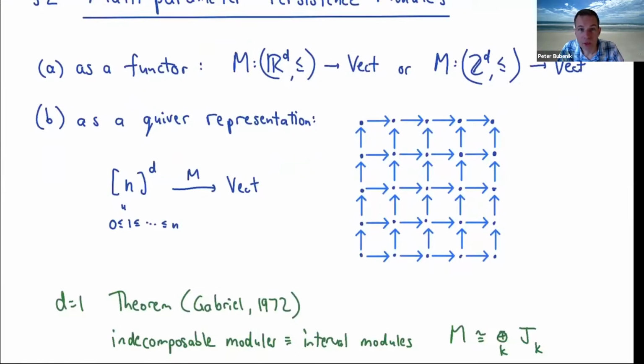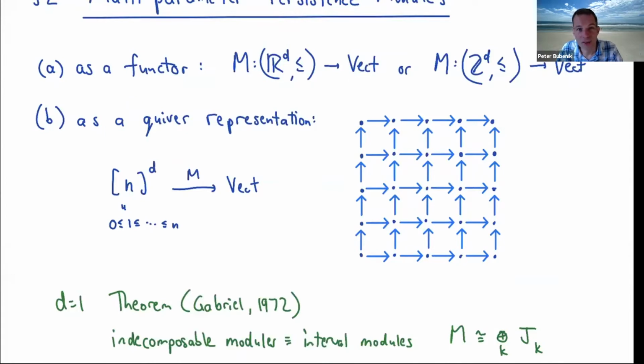It says that every multi-parameter persistence module, meaning every quiver representation of a one-dimensional finite quiver, can be written as a direct sum of indecomposables, and Gabriel tells us exactly what the indecomposables are, and they are exactly interval modules, okay?